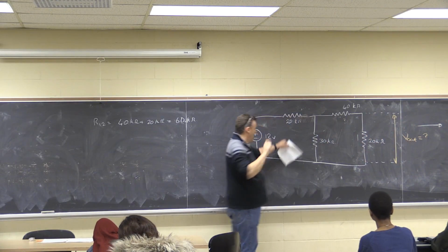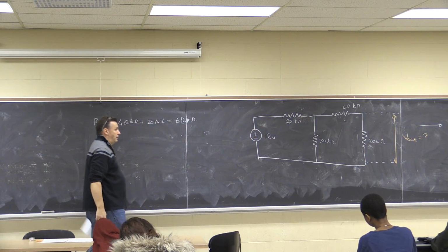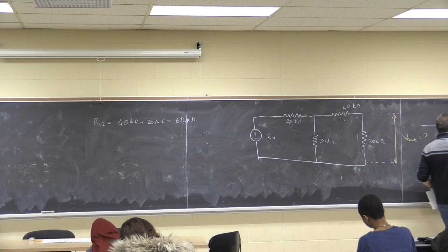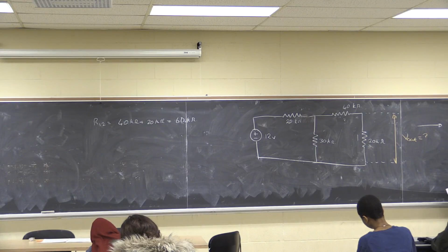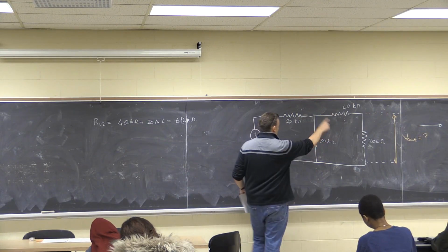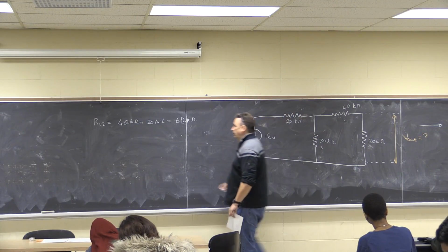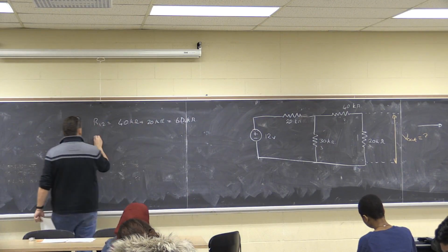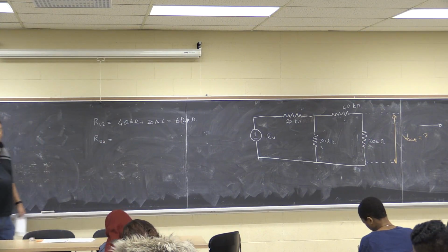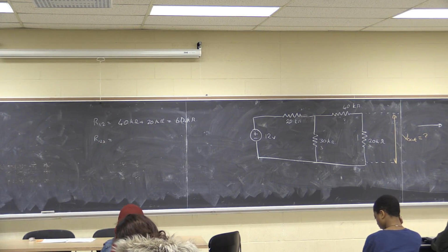I've combined two resistors. So I'm now down to 3. So next step is combine these two in parallel. And if I call that 1, 2, and I call this one 3, I would call this, just to track what I'm doing, R1, 2, 3. Because I might need these individual numbers later on.